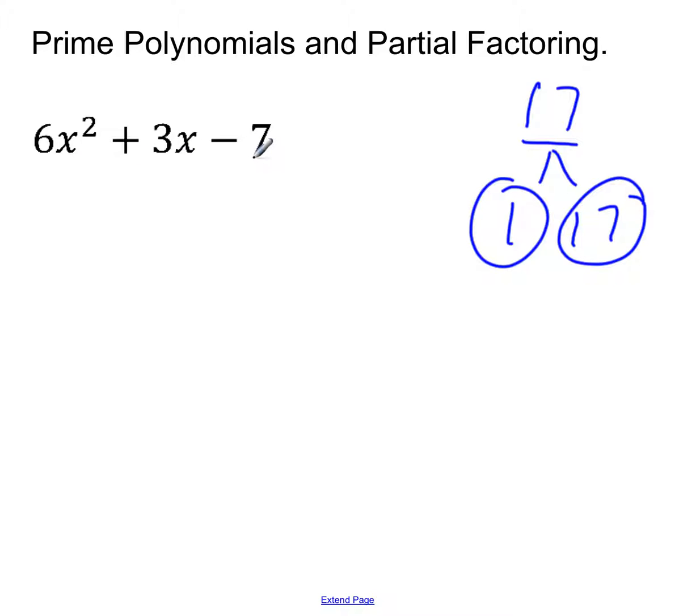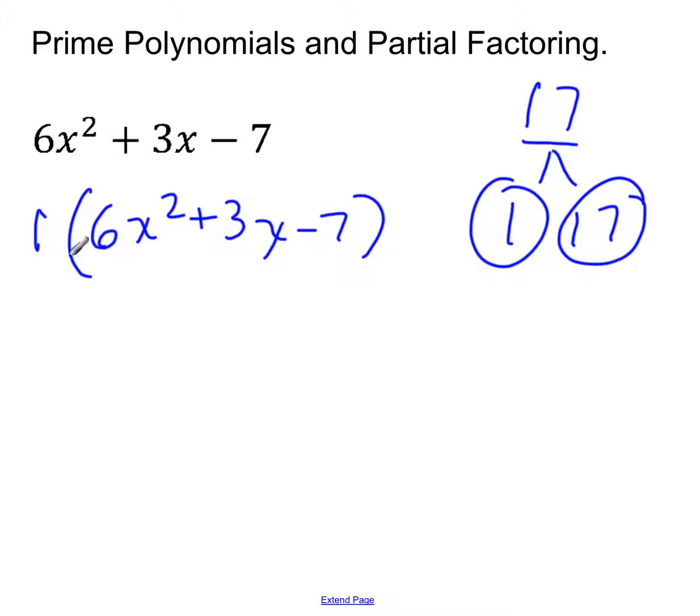Well, this polynomial right here, is this the one I just used? No. But this one right here doesn't have anything in common. It doesn't have any common factors. 6, 3, and 7 don't have any common factors except for 1. X squared, x, and no variable don't have any common variables except for 1. So therefore, if I were to factor this, all it would be is 1 times the polynomial, which really didn't do anything, right?